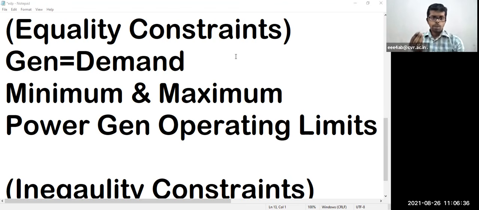So there will be some minimum speed that you should run that particular generator at, and there is also a maximum speed, and the generator should not go beyond it. Say for example, with a 1000 megawatt generator, it should not go beyond 1050 or 1020 megawatt.